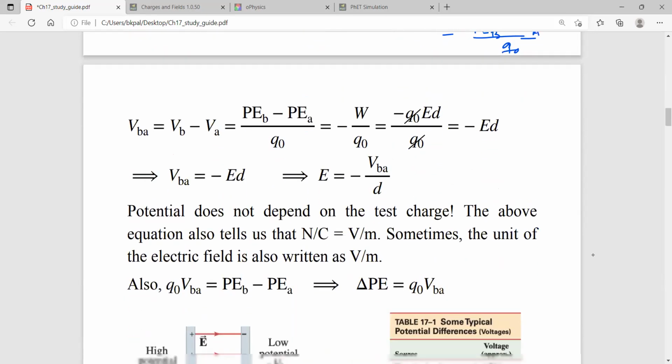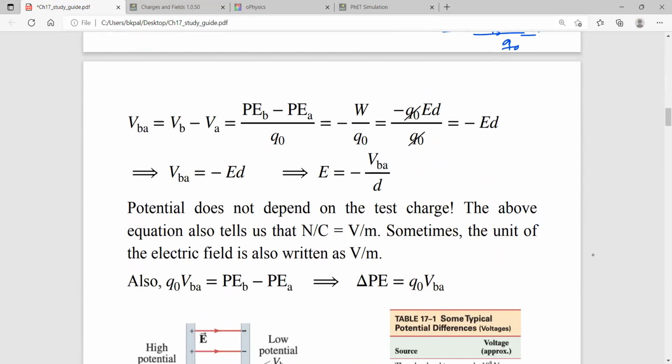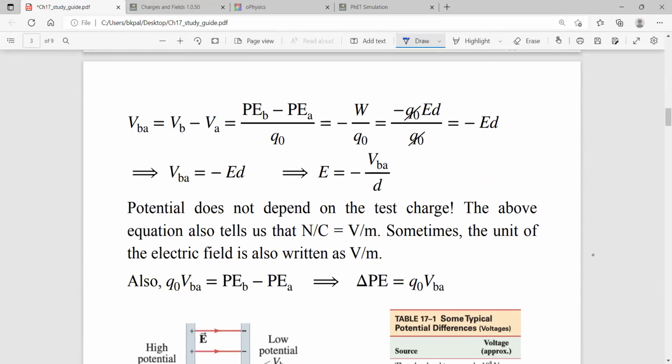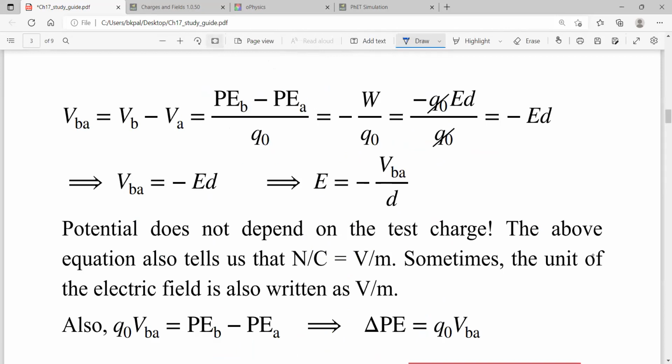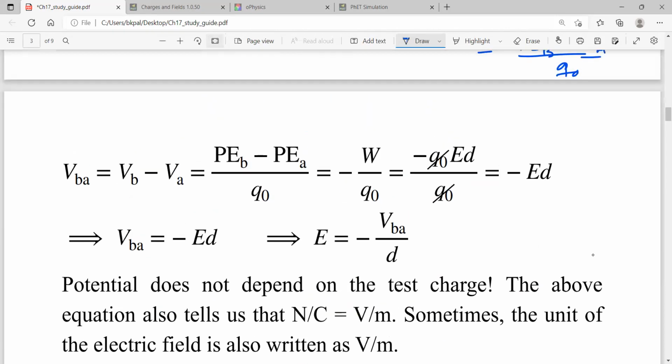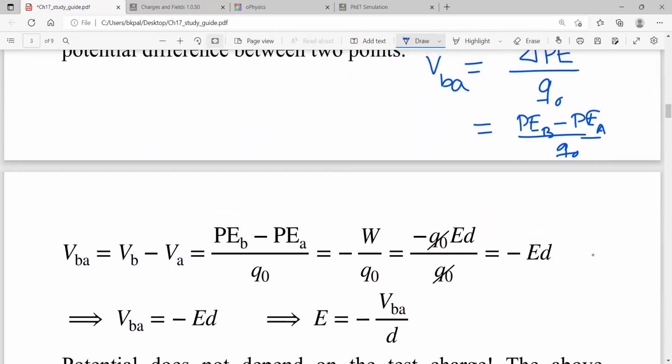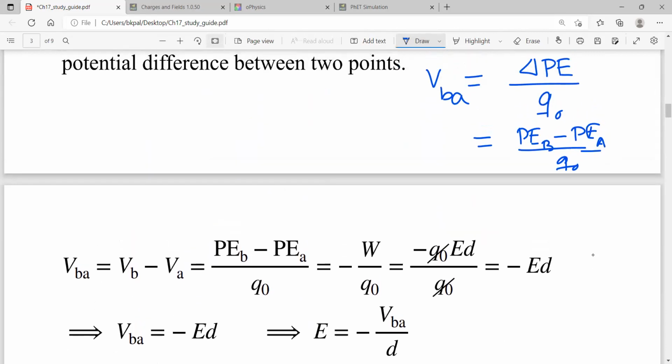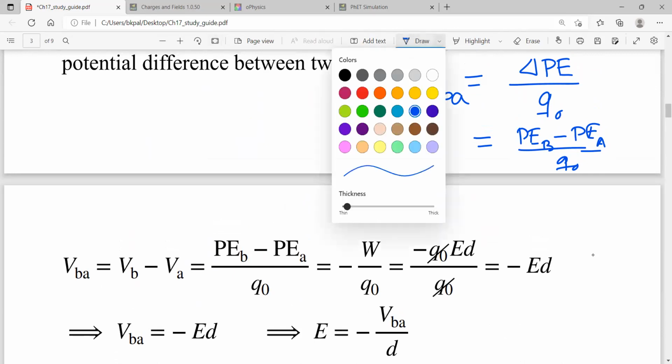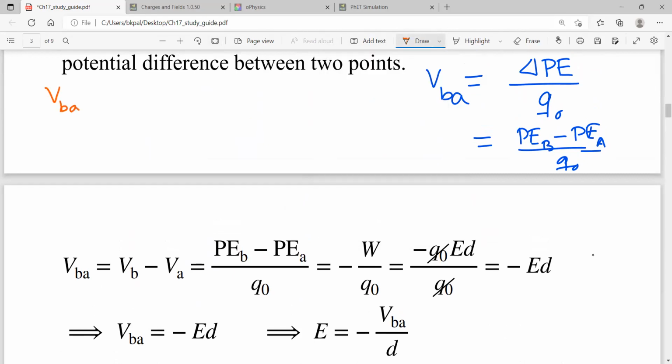Now, what is the potential difference between 2 points? Let me talk a little bit more about that. In the last slide, you already saw the potential difference is equal to this, so let me write it down here. VBA is equal to the change in potential energy over Q0.